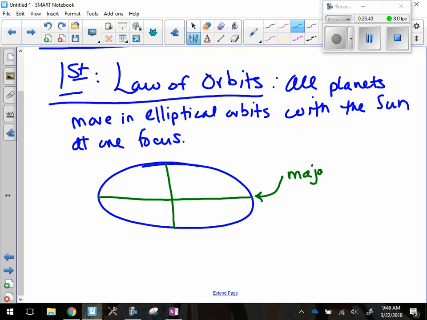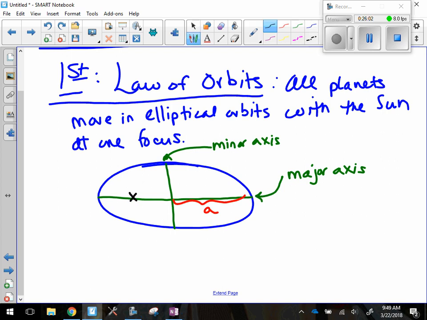Yeah, sort of. That's the major axis. This one's going to be the minor axis. Half of the major axis is what we call a, which is actually all we care about in astronomy.